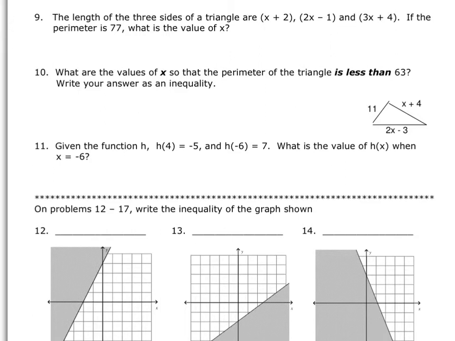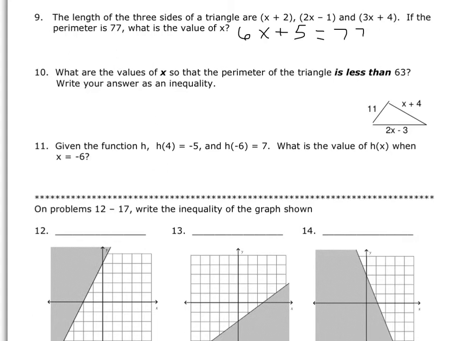So let's go ahead and add the 3 together. So 3x and 2x is 5x, plus 1 more is 6x. And 2 plus a -1 is 1. 1 plus 4 is 5. So plus 5, and it says it is 77, so that equals 77.